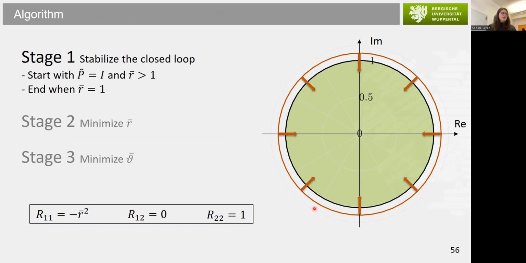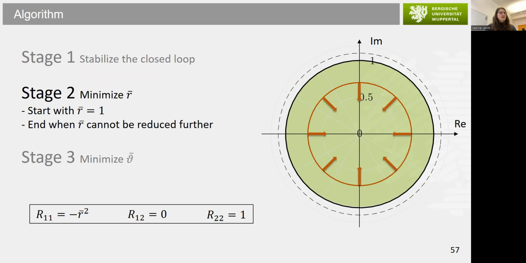So you see that if we also allow the eigenvalues to be outside this area, then the solution is not stable. But this is not a problem, because we will minimize the upper bound of R until R equals 1. And then we end stage 1 and have a stable solution. And therefore, we need this parameter setting of the DR region for the circle.